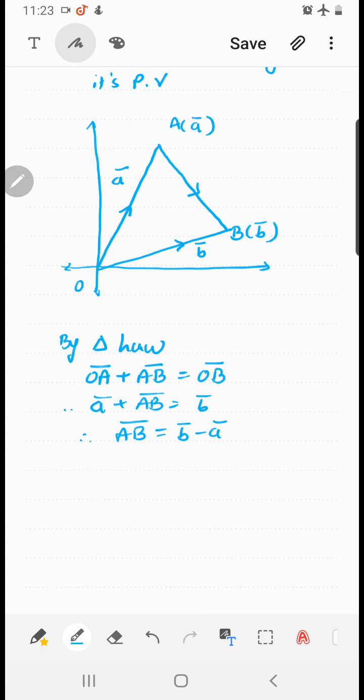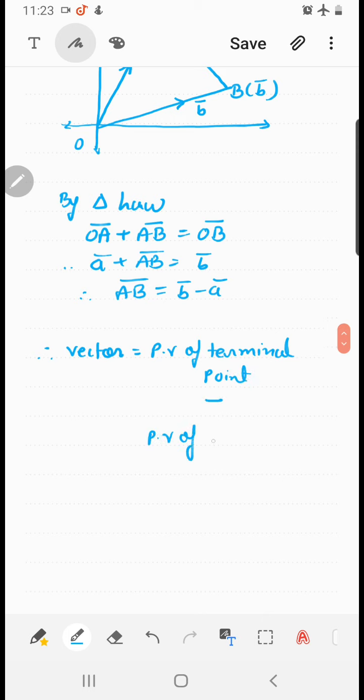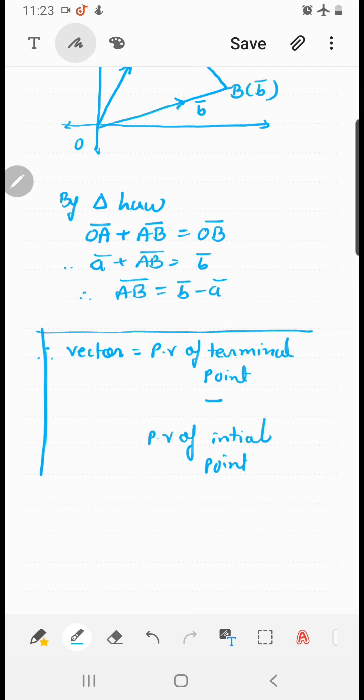If you observe this very nicely, in word form, can I say any vector can be written as PV of terminal point minus PV of initial point. That's what we should remember as a conclusion of this particular discussion.